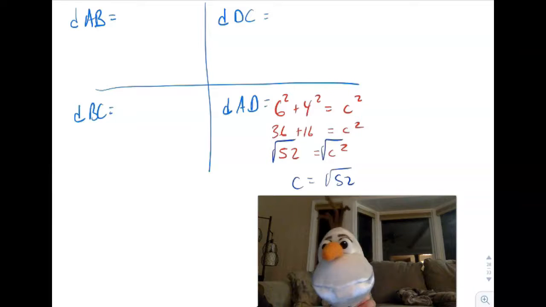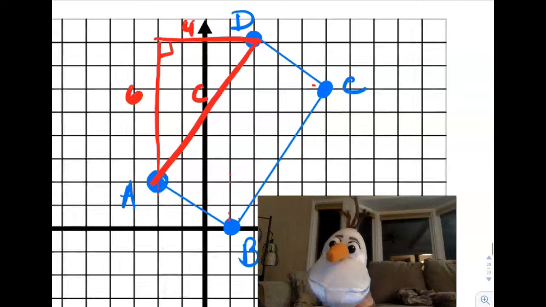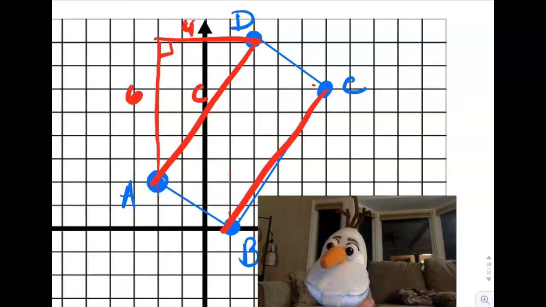Now what's your prediction? Dr. Conklin mentioned predictions in her video. So what side do you think is also going to be the same distance? Probably this one, right? So here's another triangle.